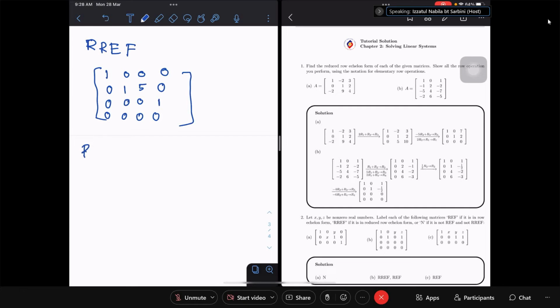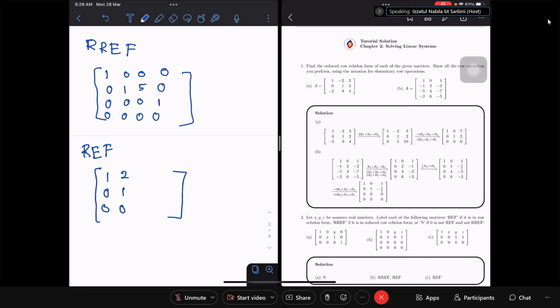For REF, let's say you have a leading one. Below it must be 0, right? Leading ones, below must be 0, like this. And let's say here you have leading 1, and here you can have values. Sebab this is only REF. You don't have to zero out 2. You don't have to make any numbers in the same column with the leading one become 0 because this is only REF.